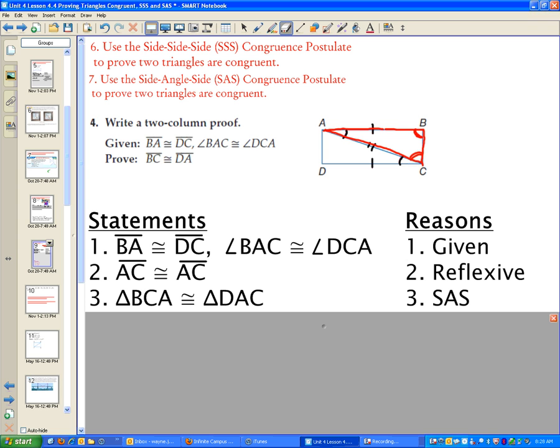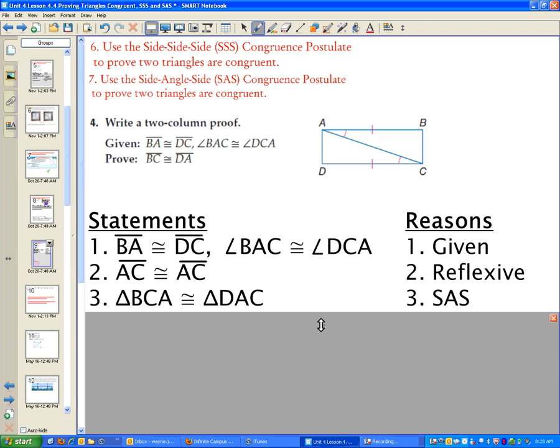Now, we've proven beyond a shadow of a doubt that triangle BCA is congruent to triangle DAC. Haven't we? Okay. Now, look what we were supposed to prove. We were supposed to prove that segment BC is congruent to segment DA.